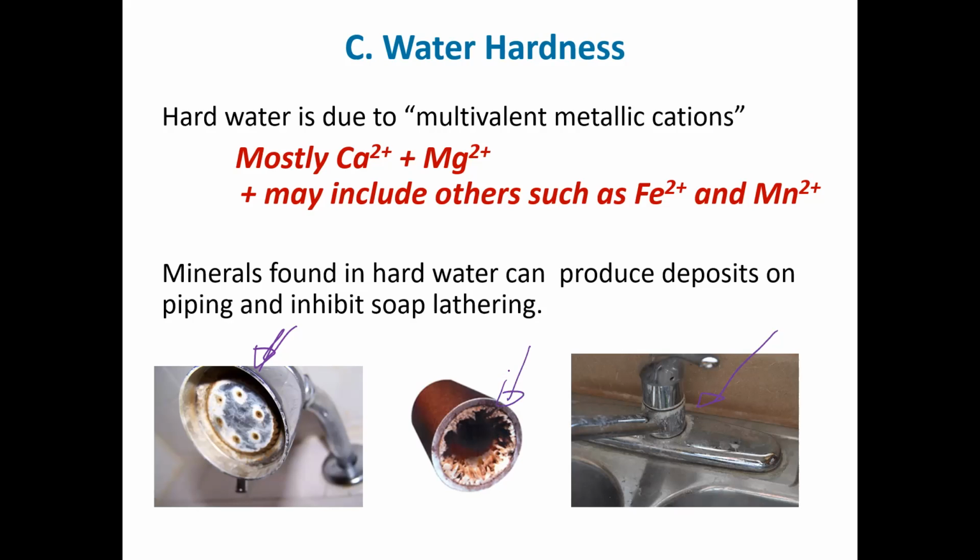This could take decades, but ultimately this is a reason why a lot of pipes eventually do burst, because they're getting more and more constricted. And you can imagine the water pressure is getting higher as the diameter of the pipe is decreasing, and that's no fun.